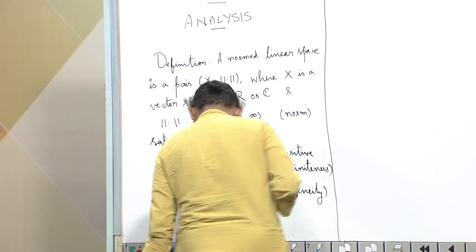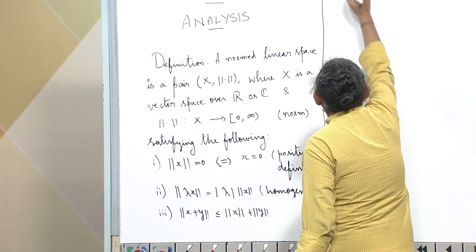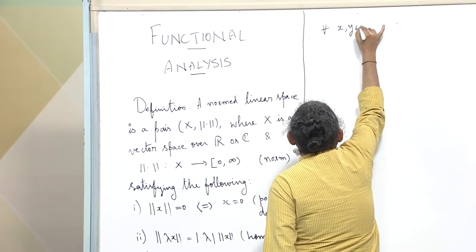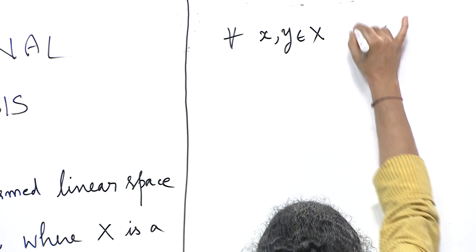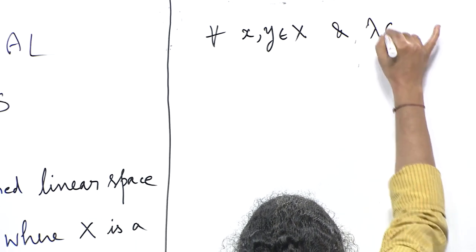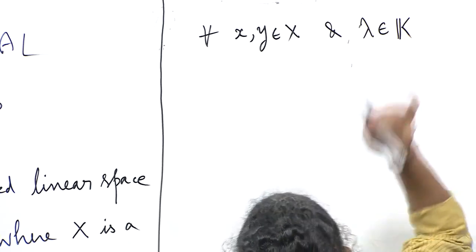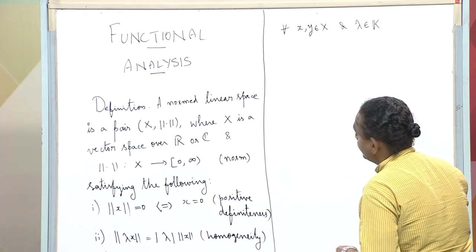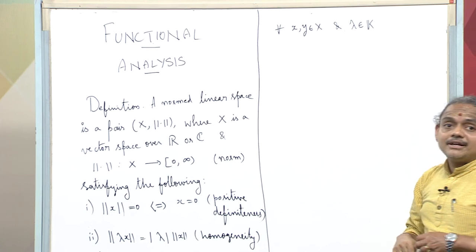This should hold for all x, y from the vector space X and lambda from the scalar field. So, instead of writing it as R or C, we will write it as K.